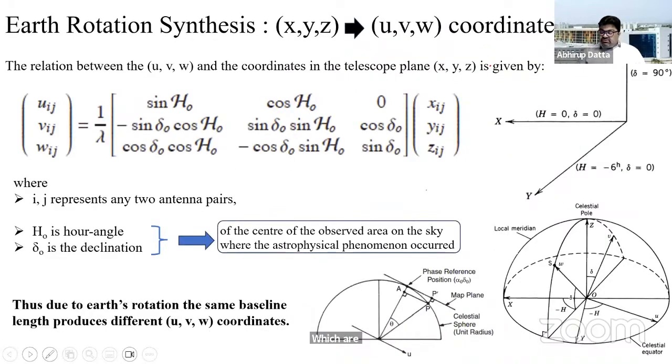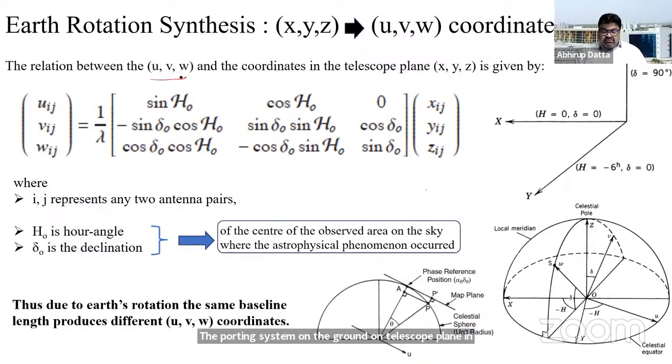That's an easier way to get it. So what we do is, if I start doing that, then we essentially define the coordinate system on the ground, on the telescope plane, in terms of U, V, and W.